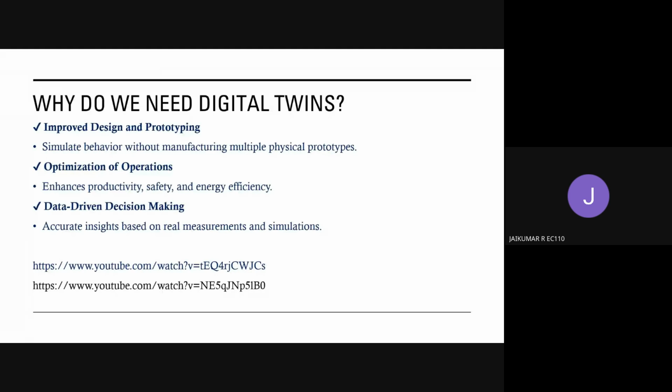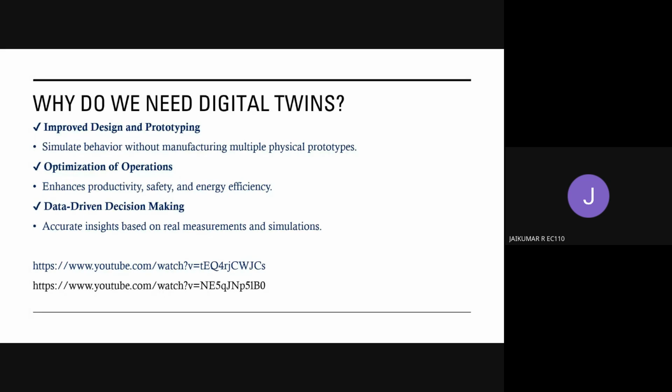And the last one is data-driven decision making. The digital copy, or digital twin, of your original system is continuously getting the original data through the sensors.